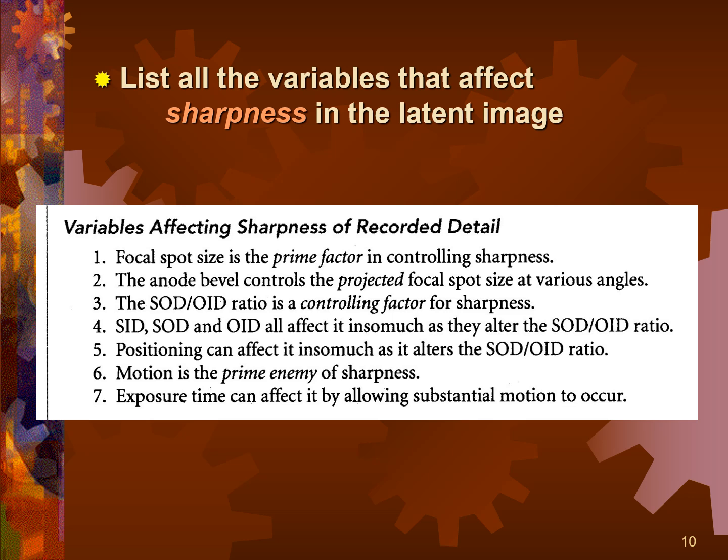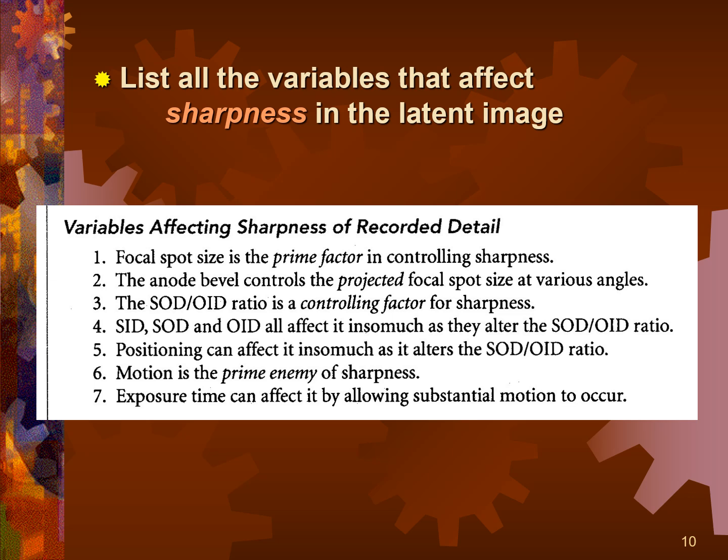Okay. Sharpness, all your geometric factors. Focal spot size, SOD over OID, okay. That controls your penumbra triangle. SID, SOD, and OID all affect it because the penumbra triangle is set by similar triangles, and the penumbra is a similar triangle to the focal spot size side.